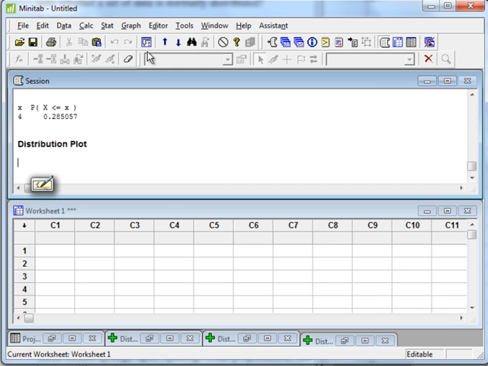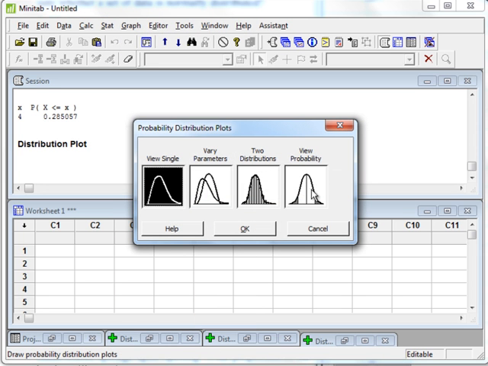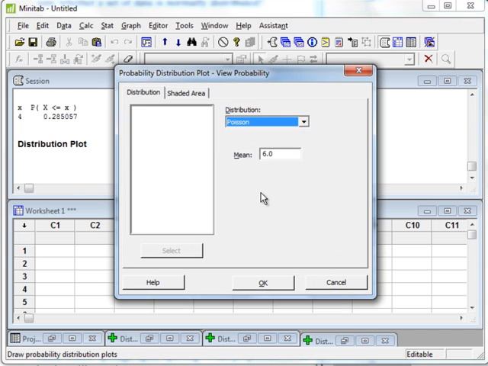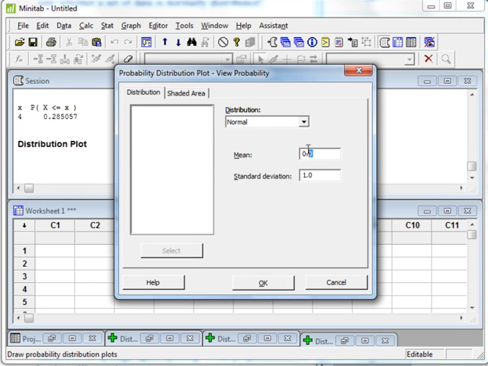Okay, so we're going to go to graph and look at a probability distribution plot and view probabilities. Okay, we're doing a normal distribution. Our mean is 0.753 and our standard deviation is 0.004 as stated in the problem.